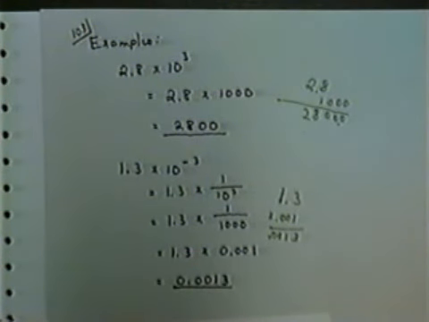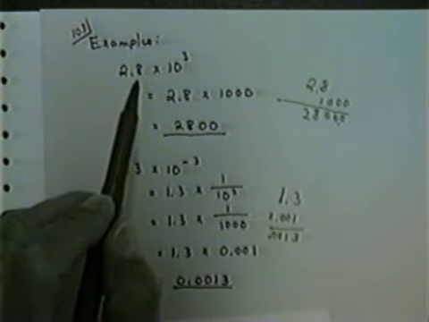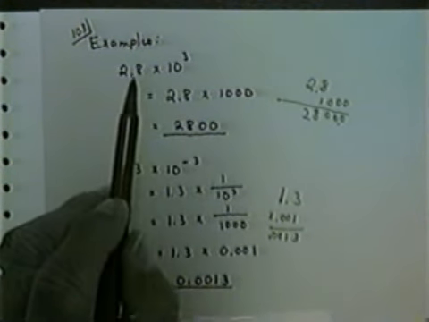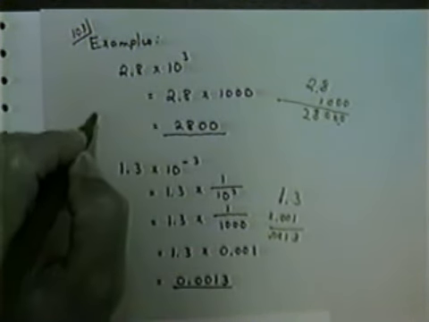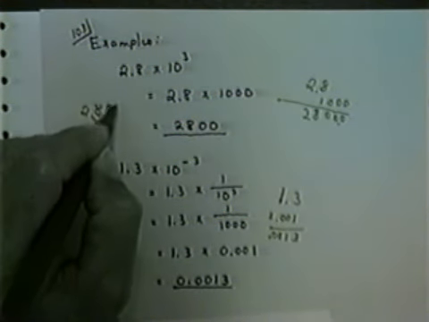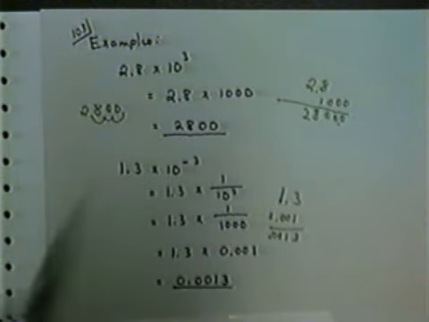Now notice what's happened with these. When I did 2.8 times 10 cubed, I really just moved my decimal 3 places to the right. If I put the 2.8 down, I move my decimal 1, put in the 0s so I can move it 2 more, and I move my decimal 3 places over, I get 2,800.